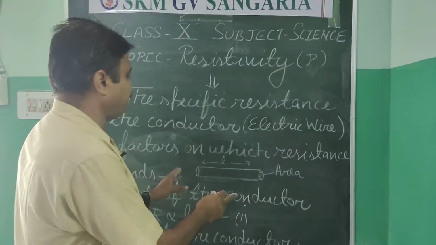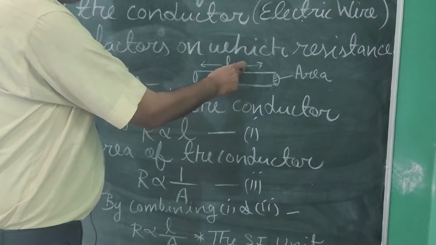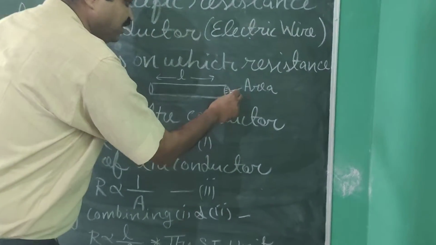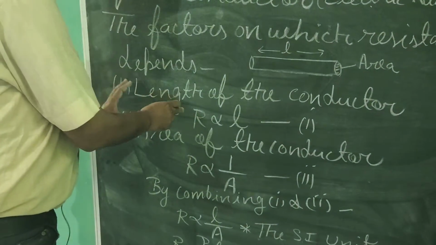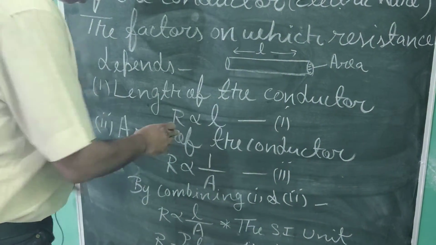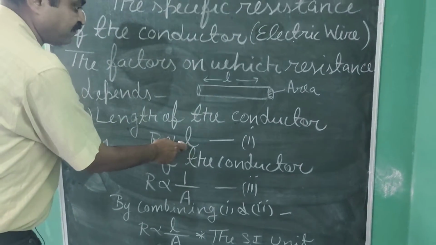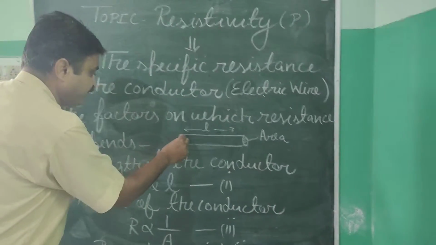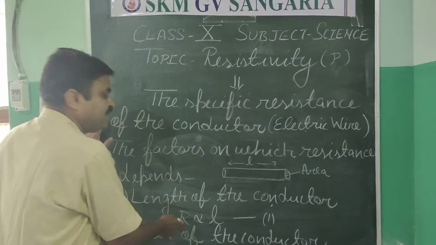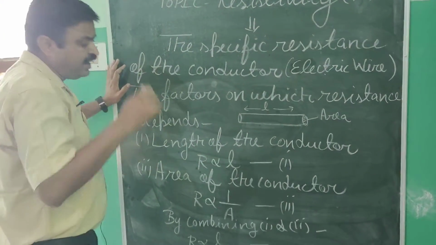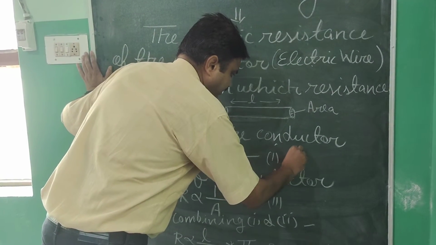Like if we speak about a wire, then the wire has a particular length and its cross section has a particular area. So the resistance depends on the length of the conductor, means the resistance is directly proportional to the length of the conductor. What does it mean? That if we increase the length of the conductor, then the resistance will also increase. And this you can see easily in the heater wire.